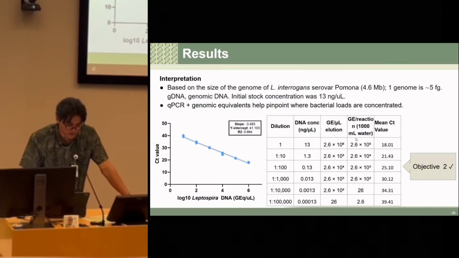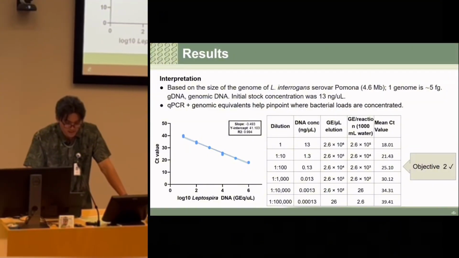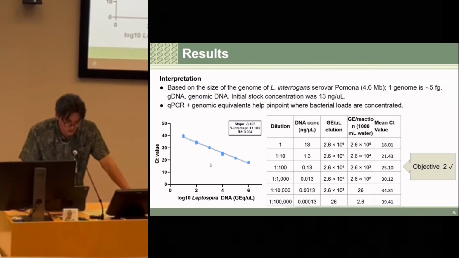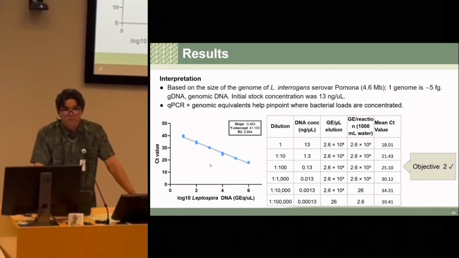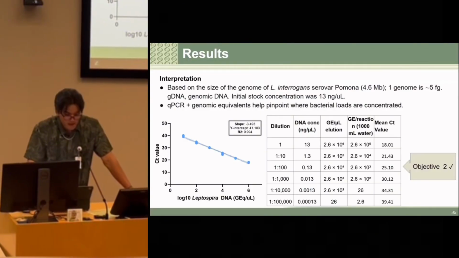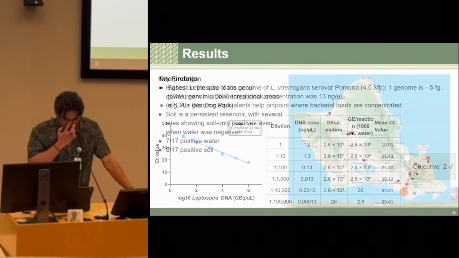The standard curve is essential because it also checks that our primers and reagents are working correctly. Each run should have the same slope. If the slope changes, something failed and the data isn't reliable. So in short, converting to GE gives us more accurate, repeatable, and meaningful quantification of leptospira in the environment.